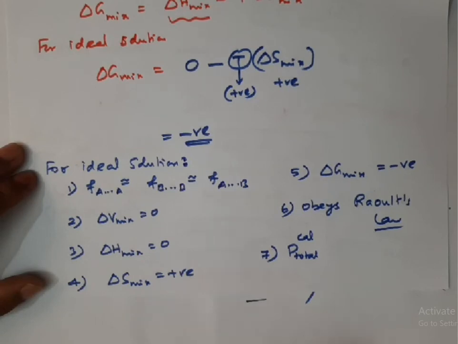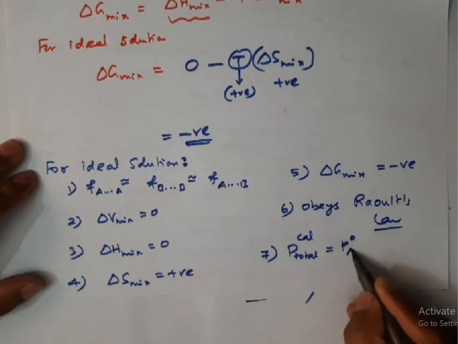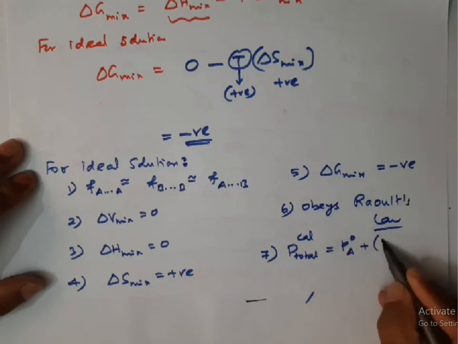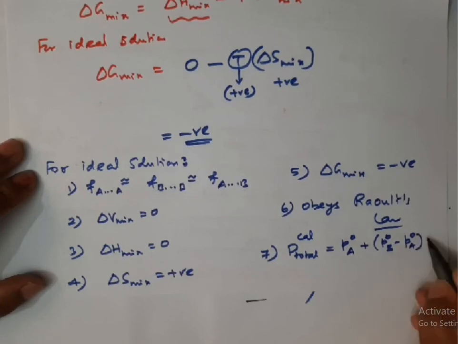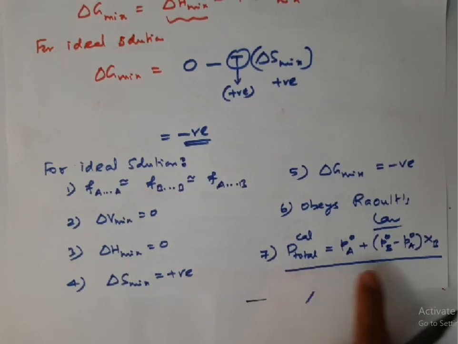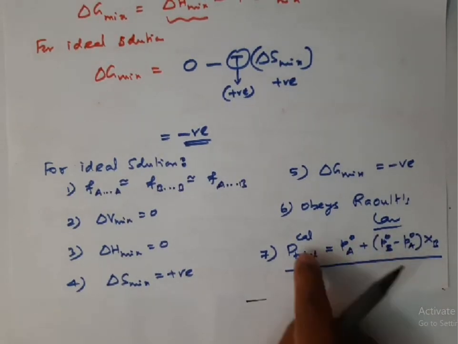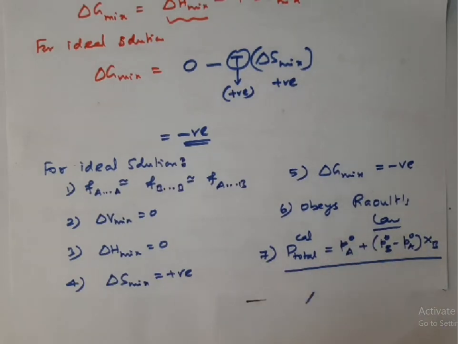Theoretical or calculated? Equal to P naught A. Yeah, remember this formula: P naught B minus P naught A into XB. Theoretical total pressure is this, and this total pressure is exactly the same or roughly the same as the observed total pressure.